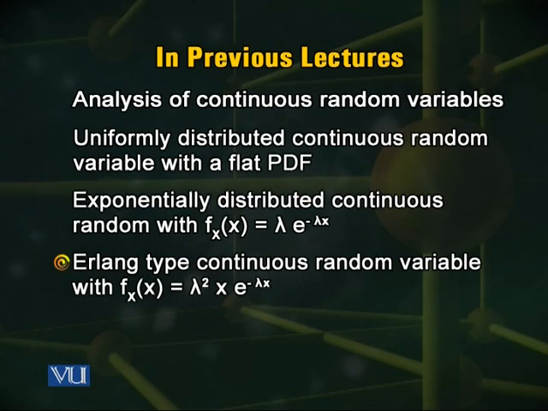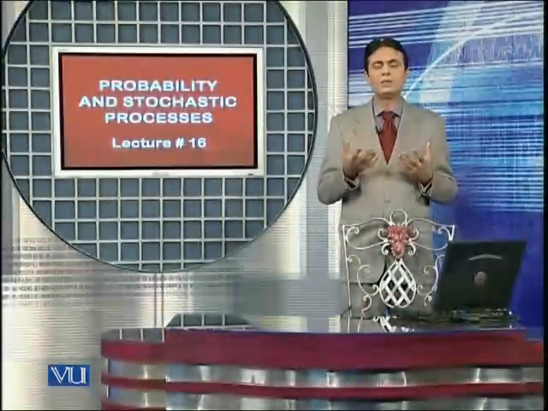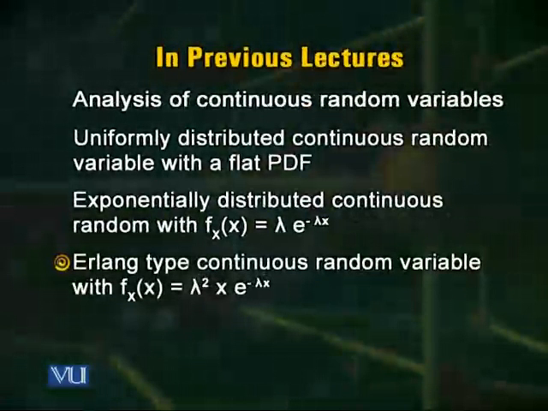I did not give it a name, but the fact is that this is a special case of Erlang type random variable, and this represents inter-arrival times of more than one independent arrival times. So we have dealt in detail with 3 types of continuous random variables: uniformly distributed, exponentially distributed, and Erlang type.